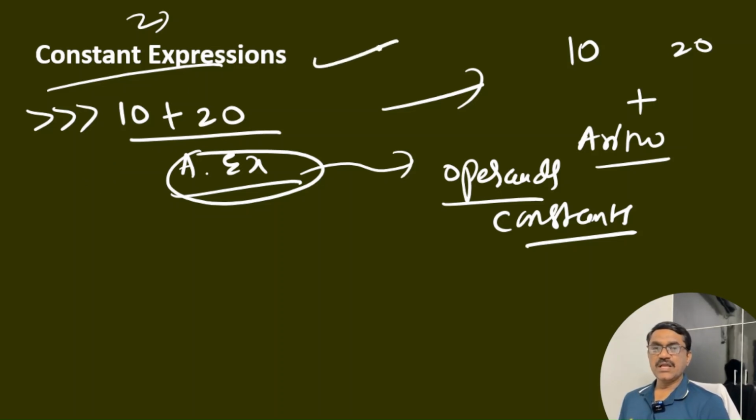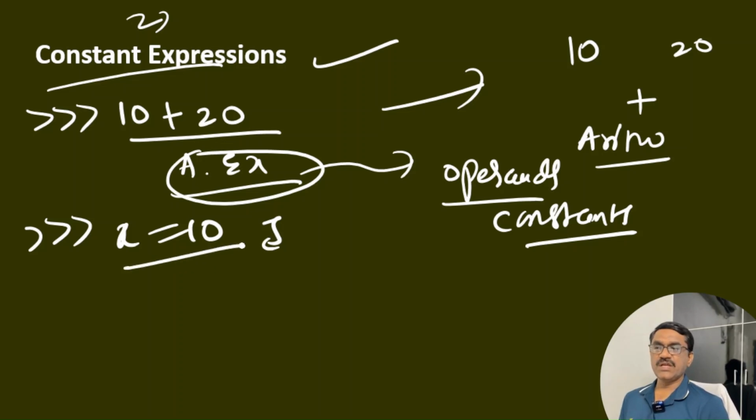Please remember that every expression must give some result. If it is not giving an output or a result, then it is not an expression. For example, you have the statement x equals 10. When you press enter, we are not going to get any output at the Python shell. It is not giving any result value. That's why it's not an expression.